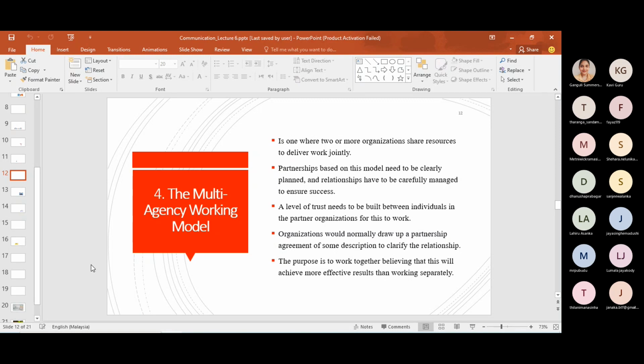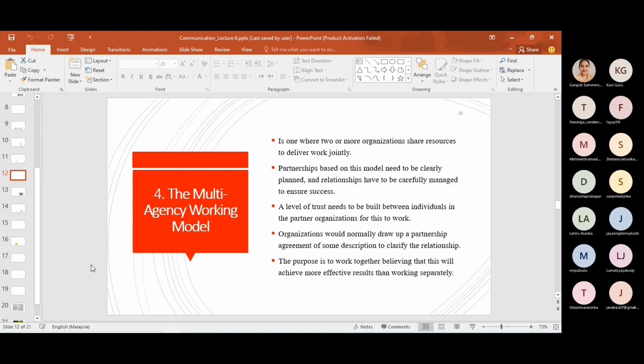Likewise, in the multi-agency working model, the organizations are sharing these kinds of resources among them while working together. This model is also kind of complicated and can be risky, because you are sharing what you have with other partner organizations. So you have to be extremely cautious and careful when you use this model for your company.